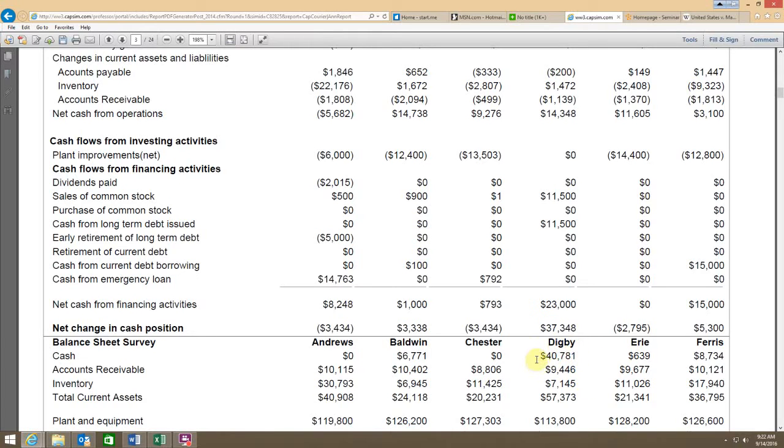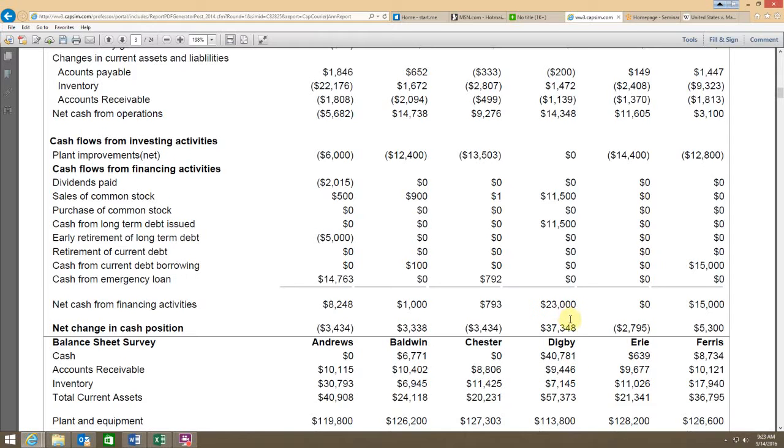I would tell you at this point in the game, Digby spent a lot of money selling common stock. They spent a lot of money borrowing money. Interest, other things. We'll see the interest down below. And so it was expensive for Digby to do those things, to raise $23 million, which had they not raised it, they would still have had $17 million.